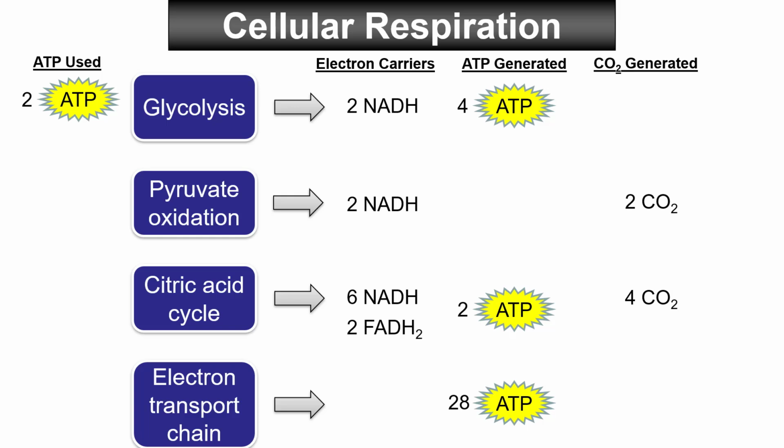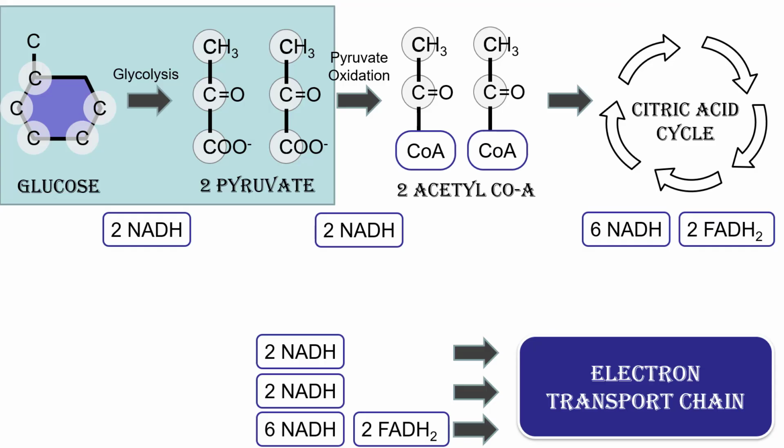4 carbon dioxides are generated in the process of the citric acid cycle, and so that means that the remaining 4 carbons of glucose end up being released as carbon dioxide. If you want to look at it this way, remember this in the blue box, this is glycolysis, where glucose is going to undergo a series of 10 reactions, and the final product of glycolysis is 2 pyruvate molecules.